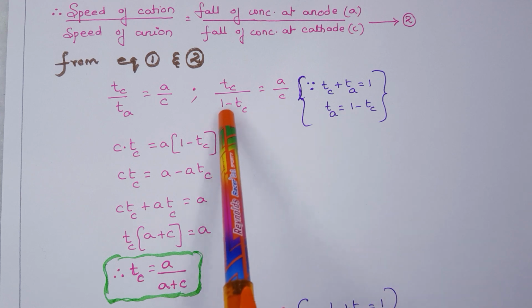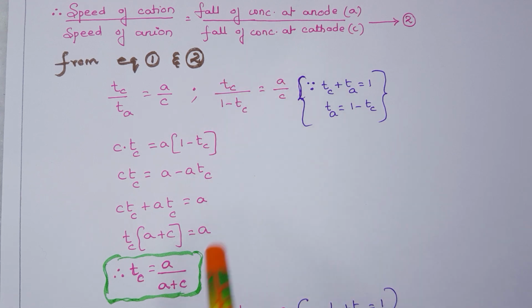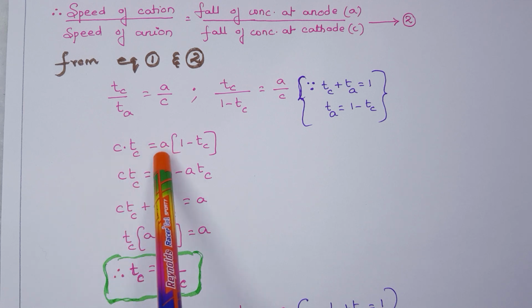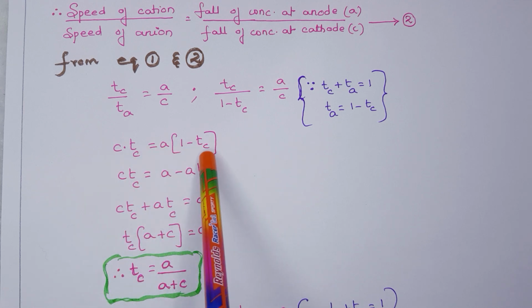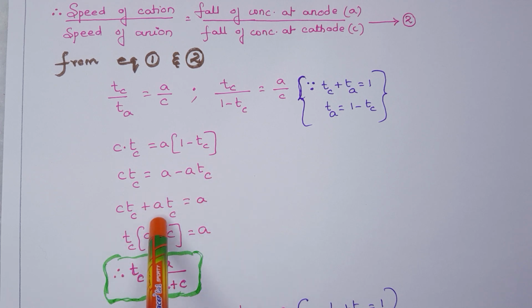This 1 minus Tc, put it in the denominator, is equal to A by C. Next cross multiplication. Ctc is equal to A into 1 minus Tc. Open up the bracket. Ctc is equal to A minus Atc. Bring this minus Atc towards left side. It becomes plus. So Tc take common out. Tc into A plus C is equal to A. Therefore finally Tc is equal to A by A plus C.